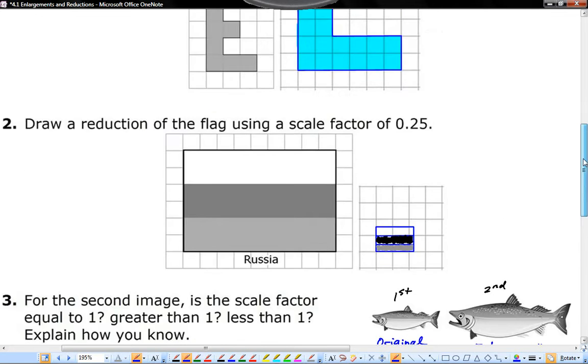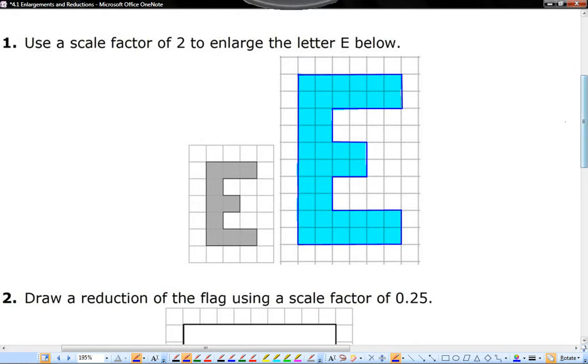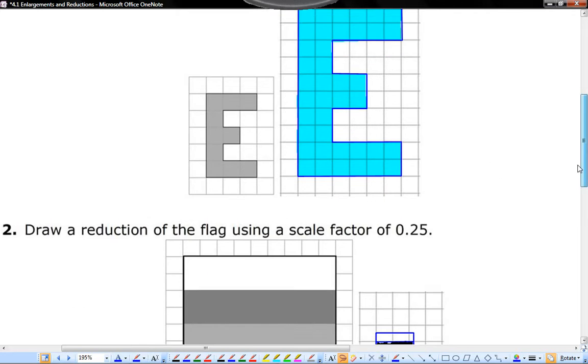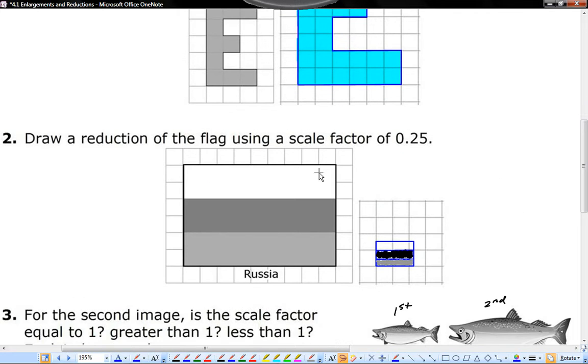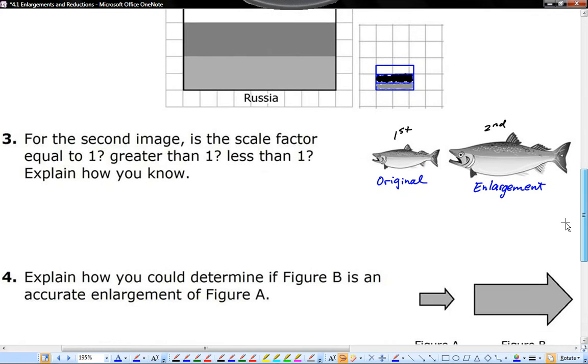And what we saw is that with enlargements you have a scale factor which is bigger than 1. With a reduction you have a scale factor that is less than 1, and if it was an exact copy of the original, then the scale factor would be equal to 1.